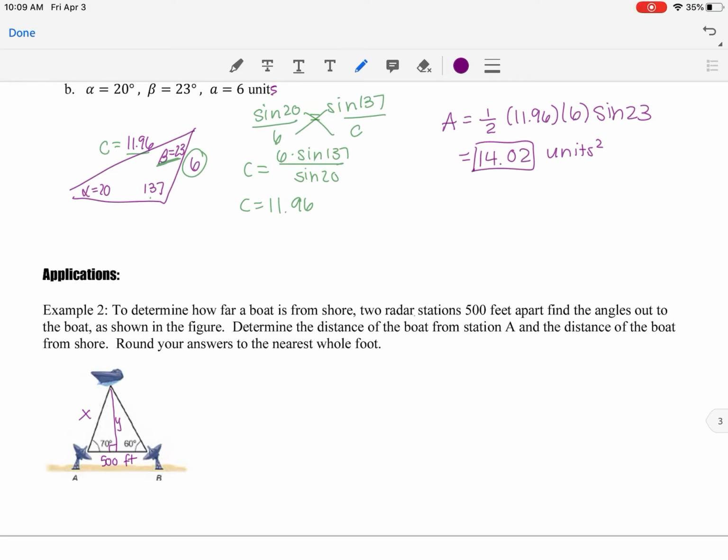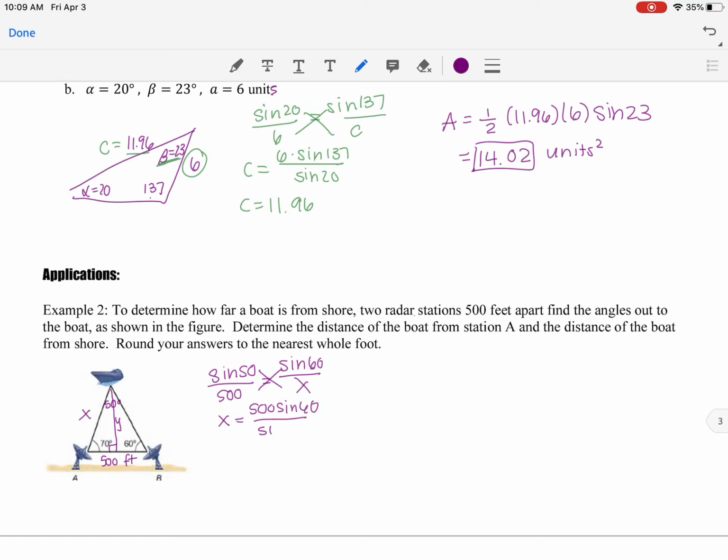First of all, 500 is across from a side we don't know, so we can find the angle by doing 180 minus 60 minus 70, and this angle at the top is 50 degrees. So we've got sine of 50 over 500 equals sine of 60 over x, and I used the 60 since it's across from x.